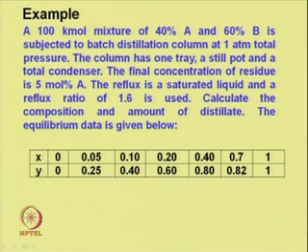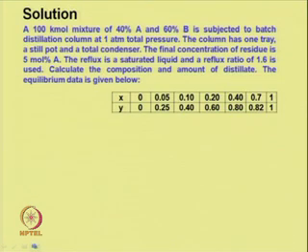The equilibrium data is given over here. So, the reflux ratio is fixed at 1.6 and the equilibrium data is given, so we can plot the equilibrium curve. Since the concentration of the vapor from the top tray will gradually decrease, the procedure of solving this problem will be like this.